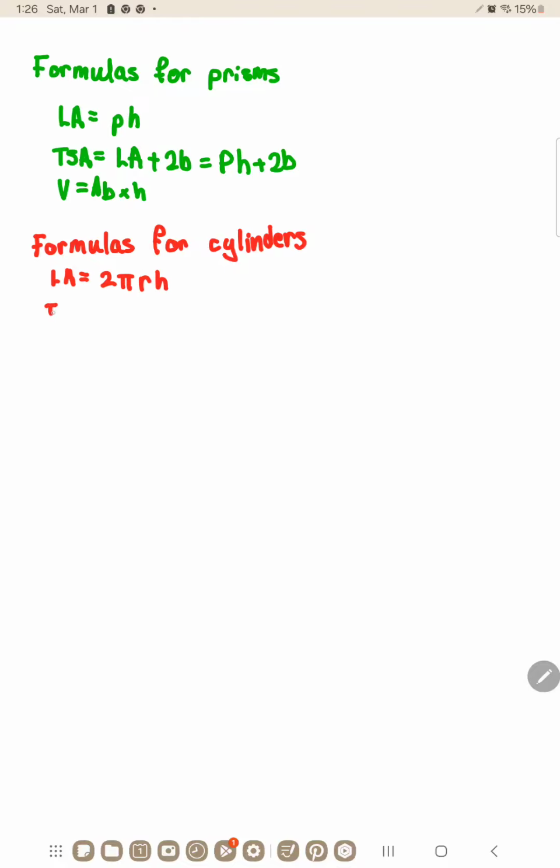And then we have total surface area, which is lateral area plus 2 base. So it's 2 pi RH plus 2 times pi r squared. Now volume of a cylinder is pi r squared h.